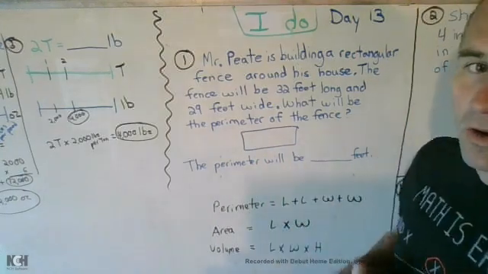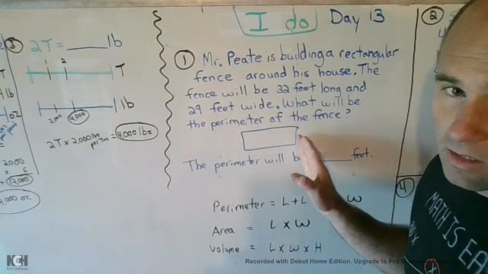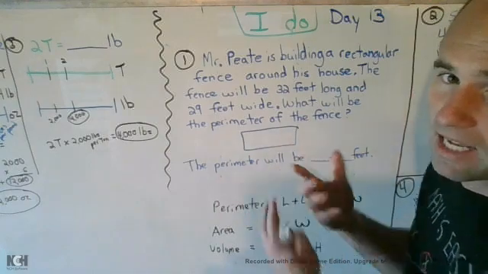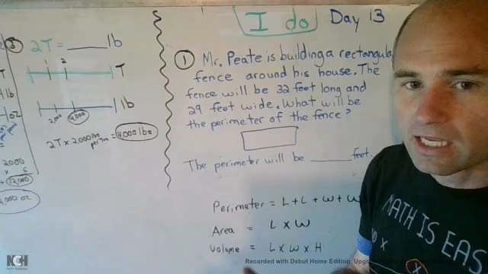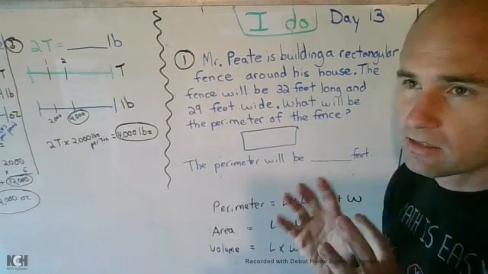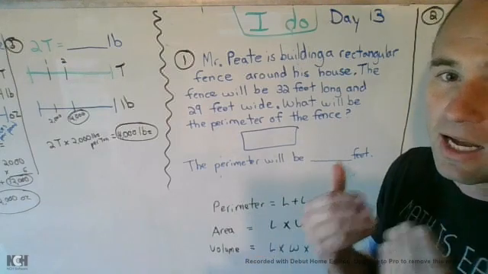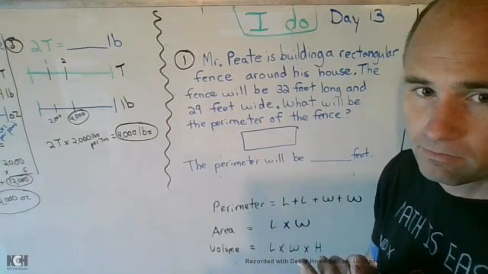So I can find the area and perimeter of this, but this specific shape doesn't have a height to it. So when you're doing volume, you're looking at specific objects or shapes that have some type of height, along with having a length and a width to it.